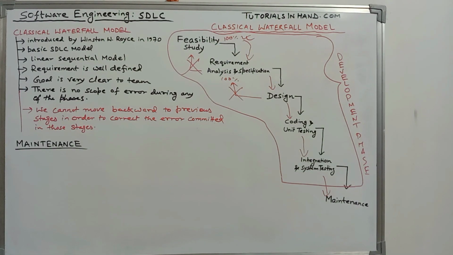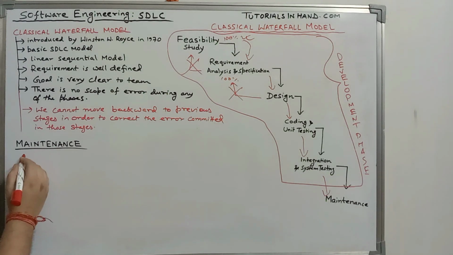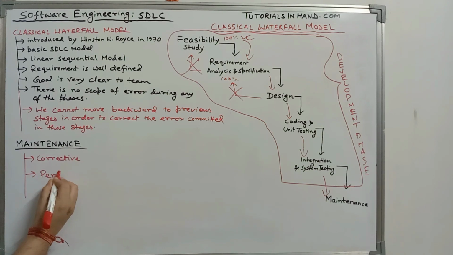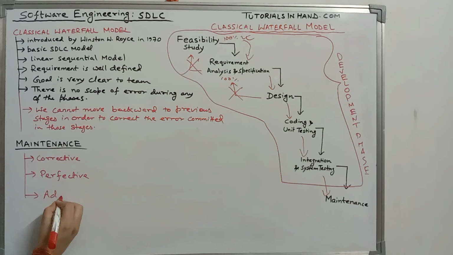And once the customer accepts your software product, it is handed over to them. Then the maintenance phase starts. Now the maintenance phase is performed in three parts. The first one is corrective maintenance, another one is perfective maintenance, and the third one is adaptive maintenance.